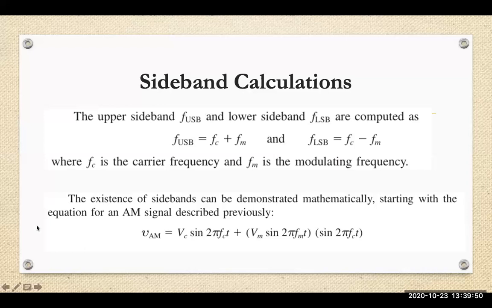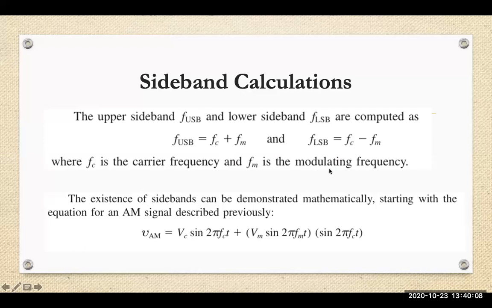So here we have the upper sideband F sub USB, upper sideband. Lower sideband LSB, ito yung frequency. This is how you determine, where F sub C is the carrier frequency and F sub M is the modulating frequency.